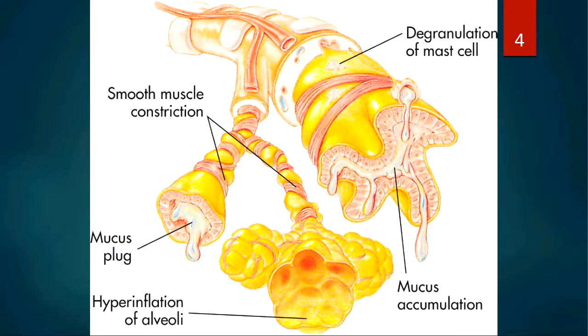So I don't know if you knew this or not, but I'm going to give you the epidemiology of asthma. The most recent statistics that came out say that about 8% of all the population in the United States have asthma, and that's about 15 million people.